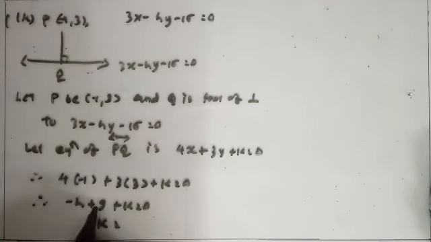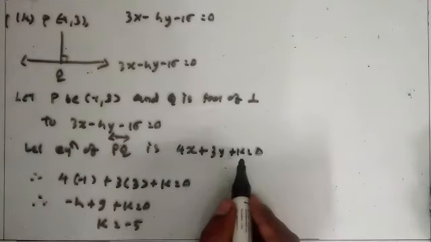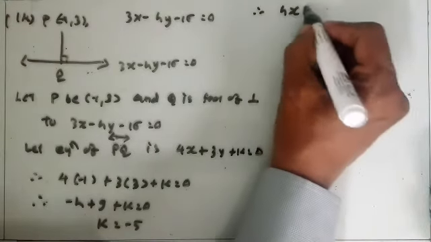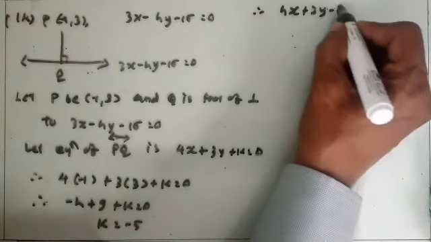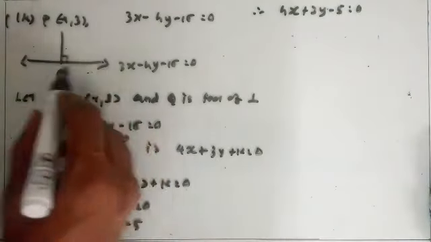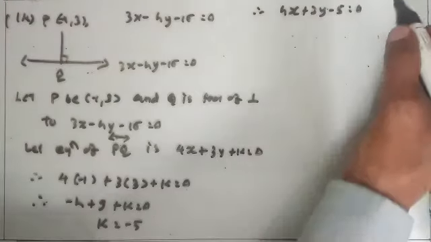So k = -(9 - 4) = -5. Taking k = -5 in this equation, 4x + 3y - 5 = 0 is perpendicular to 3x - 4y - 16 = 0.